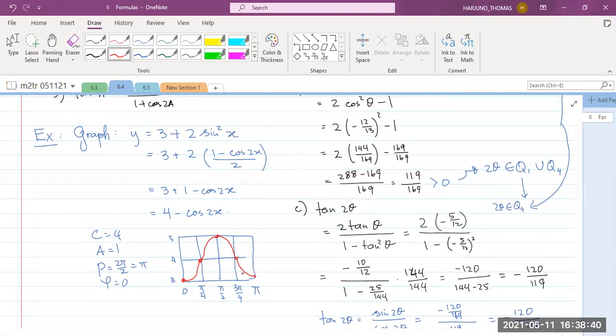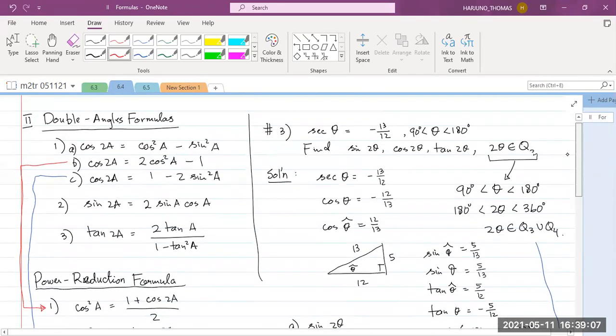Now the thing is, our textbook did not emphasize that part. Okay, that's for the power reduction formula.